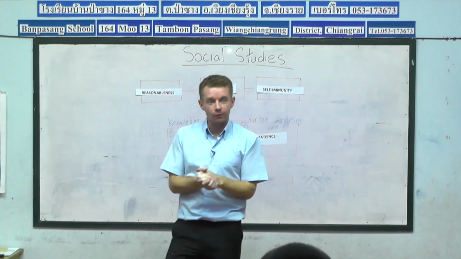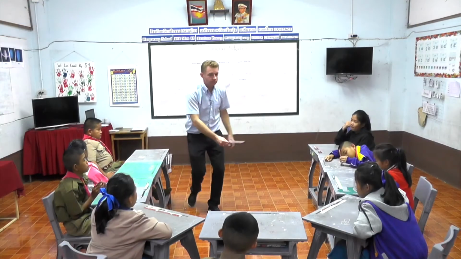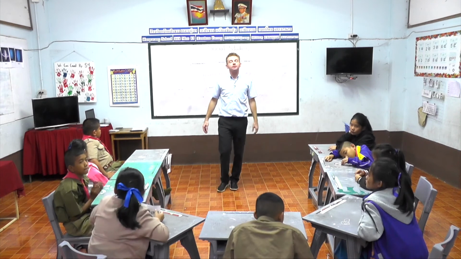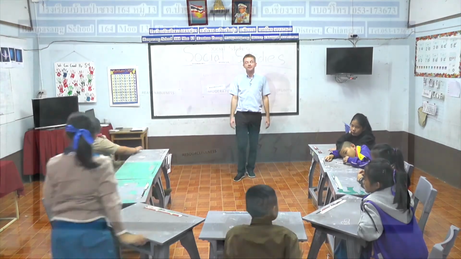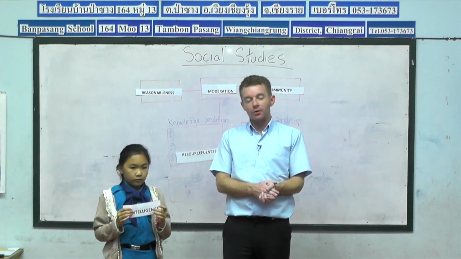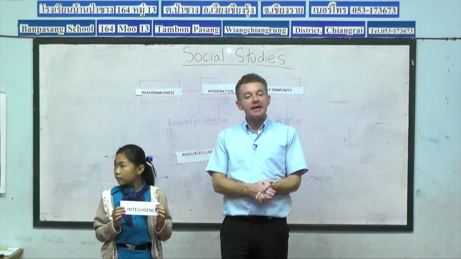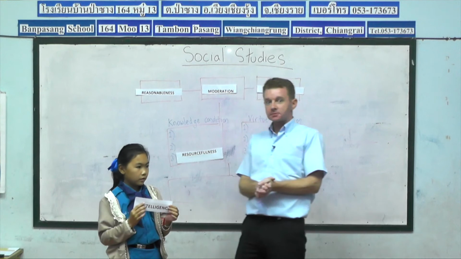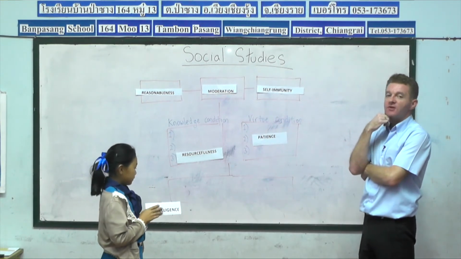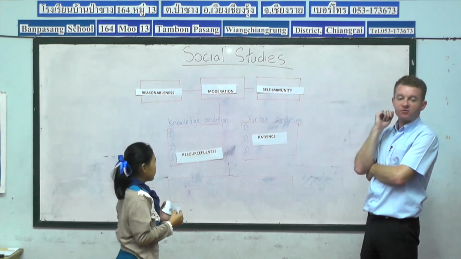Okay, next student, next flashcard. Now it's with Nadia. So Nadia, come and join me at the front of class, please. Okay. Does anybody know what Nadia's word is? Intelligence. Okay, intelligence. Now, is intelligence a knowledge condition or a virtue condition?